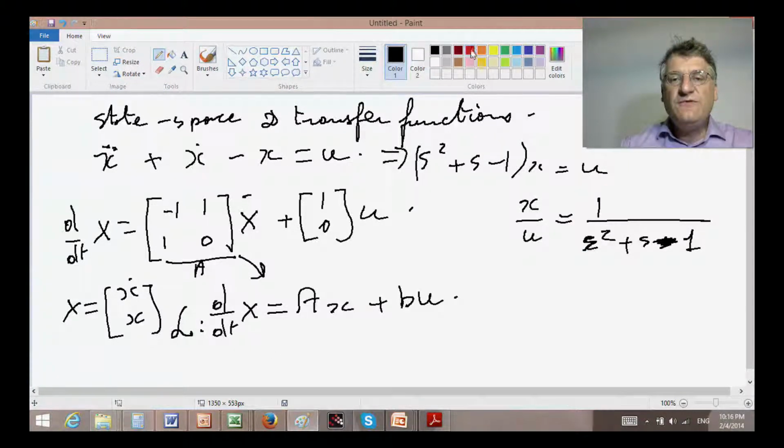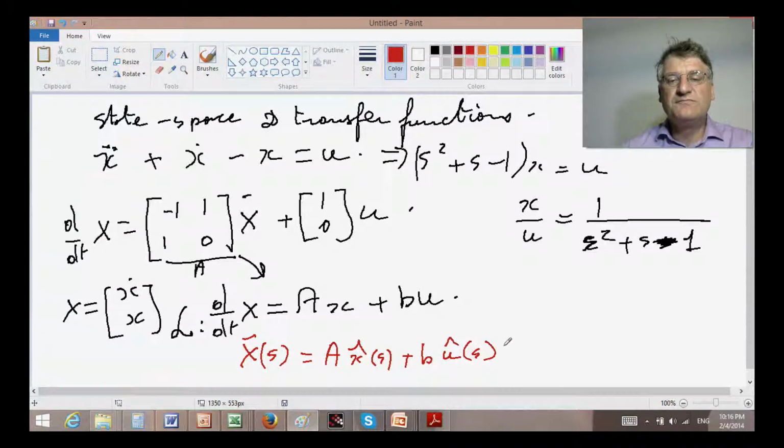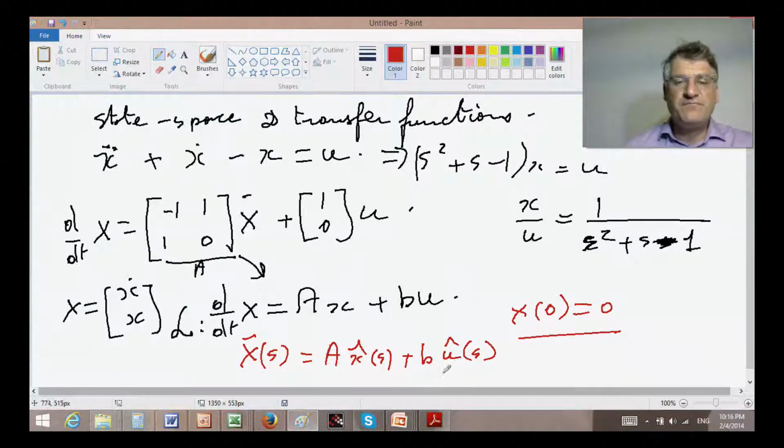Okay? And if you do that, what you will obtain is x of s, let me add the hat, would be equal to a times x of s plus b times u of s. Okay? And again, I assume x of 0 is equal to 0.